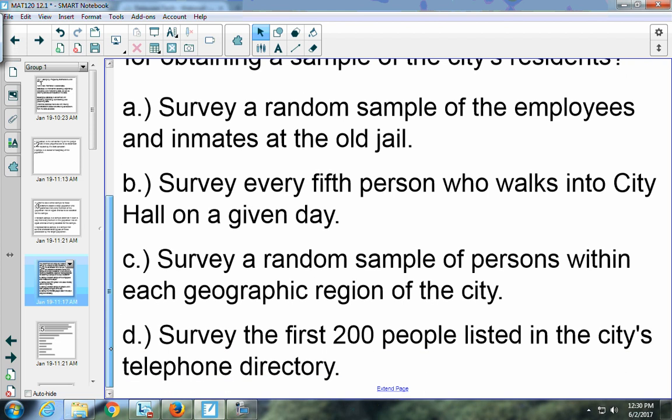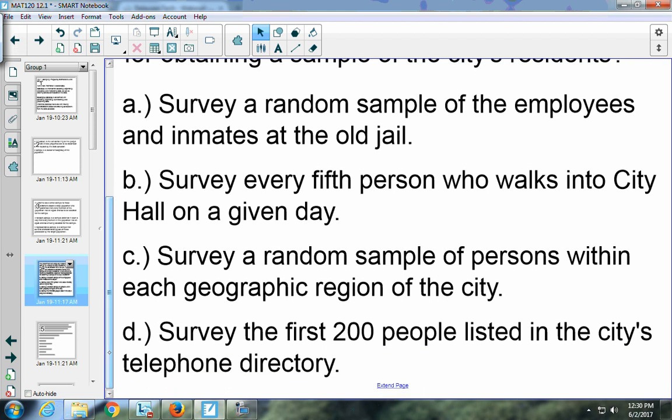We have four options. Survey a random sample of the employees and inmates at the old jail. Survey every fifth person who walks into City Hall on a given day. Survey a random sample of persons within each geographic region of the city. Survey the first 200 people listed in the city's telephone directory.